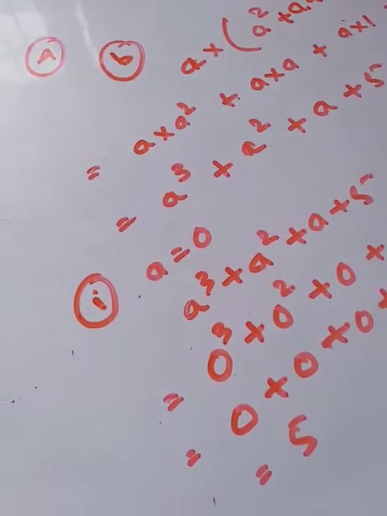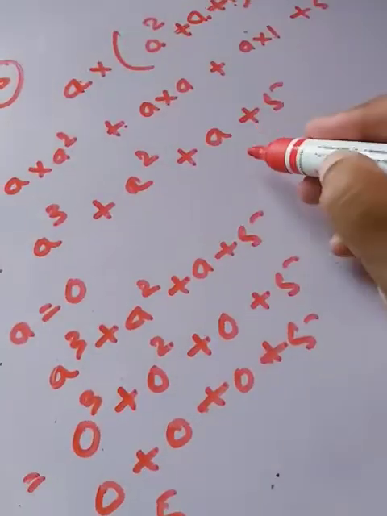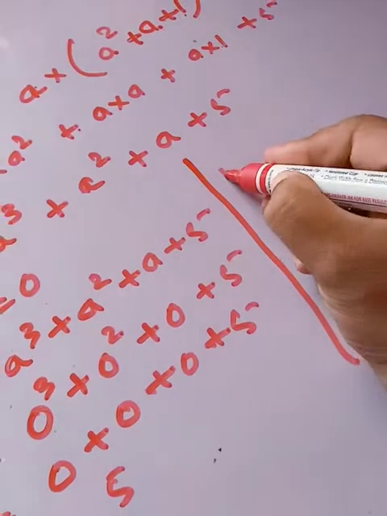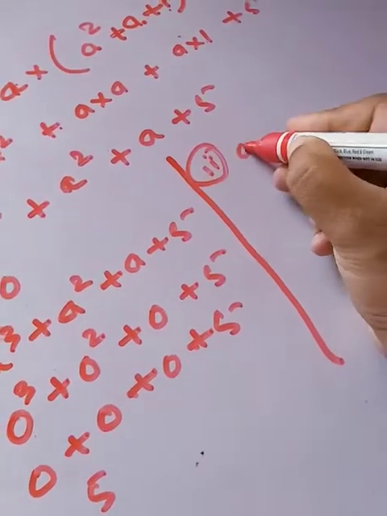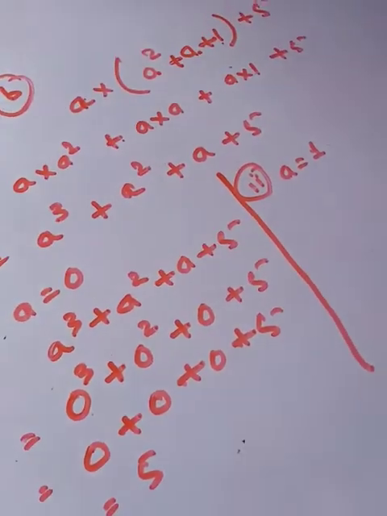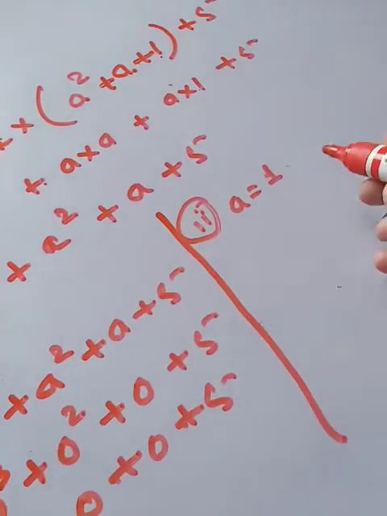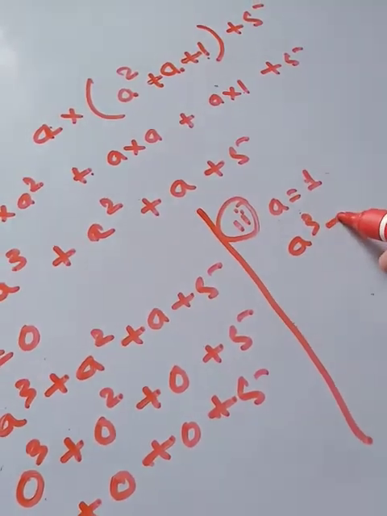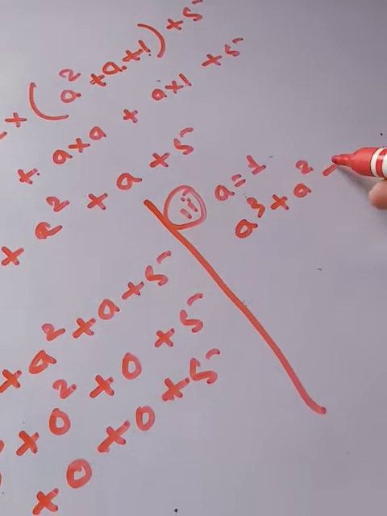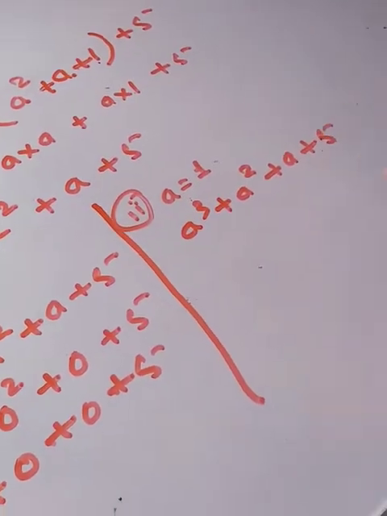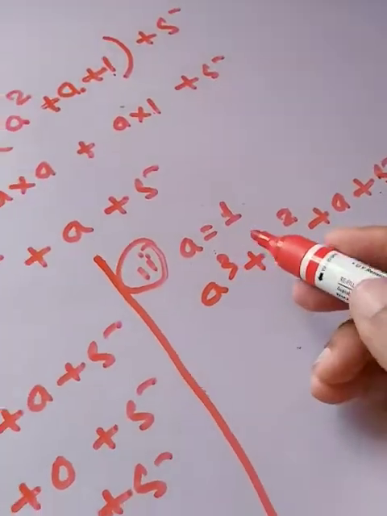Okay. Now the second one. The value of A is given as 1. Now we will again write the expression. Yes, so this is the expression. Now in place of A we will write 1.